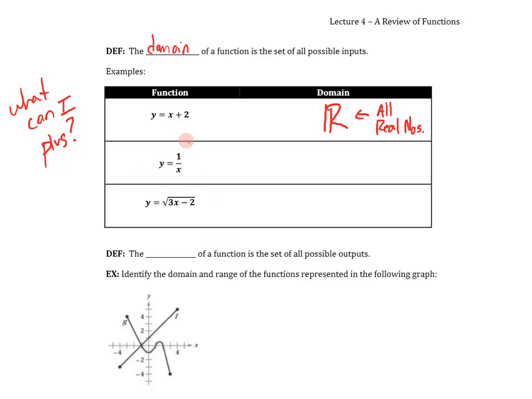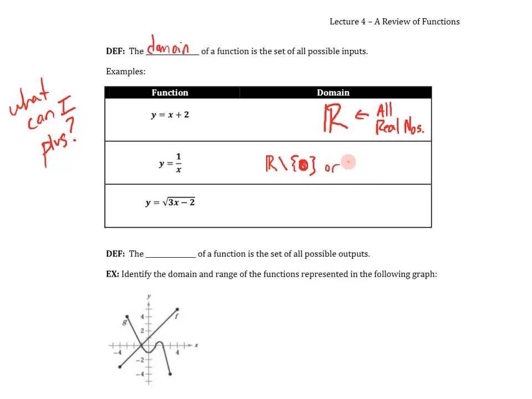On the other hand, the second function that I have listed here is 1 over x. There is one number that you plug in that would be a problem: the number 0. You can't divide by 0. So this has a domain of everything except 0. I can write that a couple of different ways. I could write it as all real numbers except the set of 0.